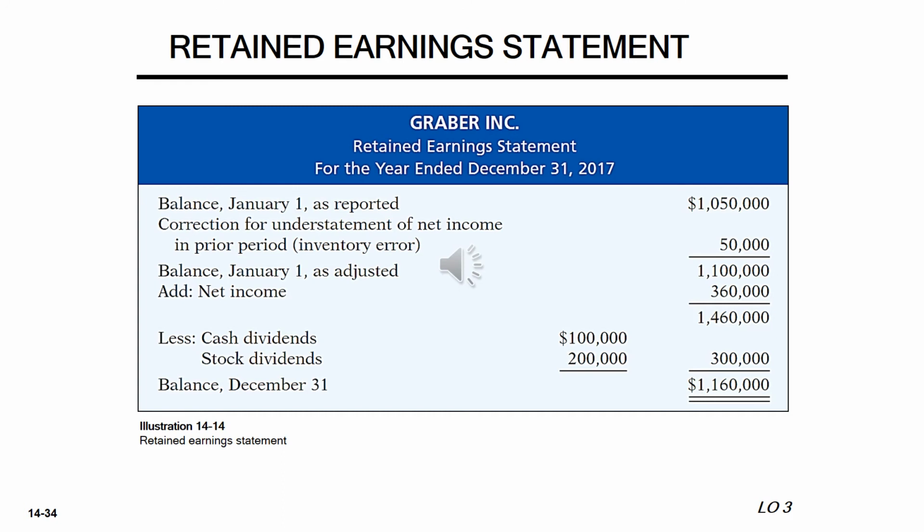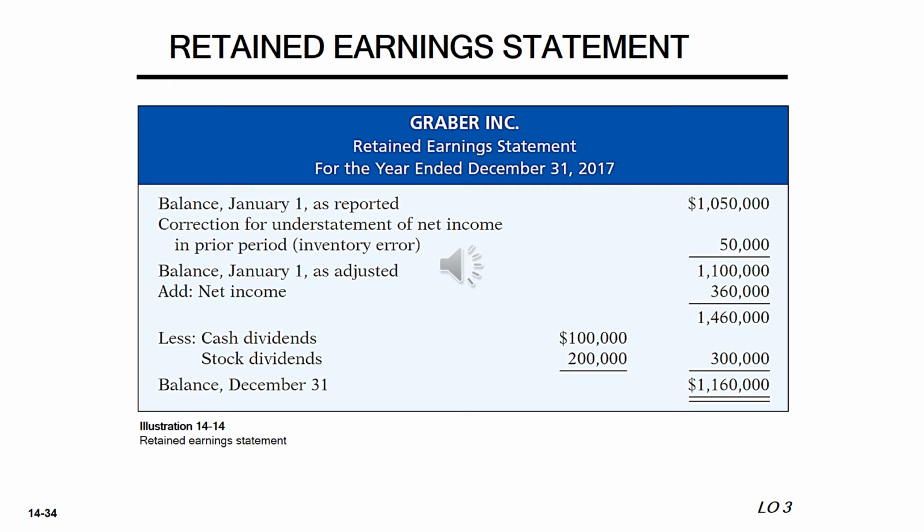We also mentioned that net income credits retained earnings. So based on that, we're going to add net income. The net income we have here is 360,000. So we're going to add that, and we're going to end up with 1,460,000. Now, on the other hand, we said that cash dividends or stock dividends are recorded as a debit to the retained earnings account.